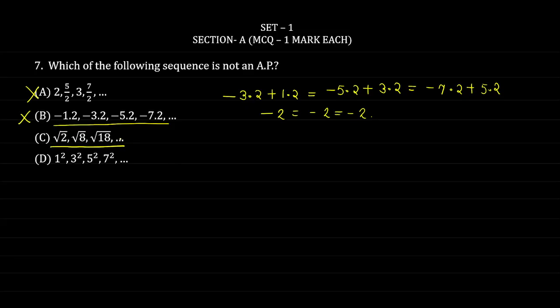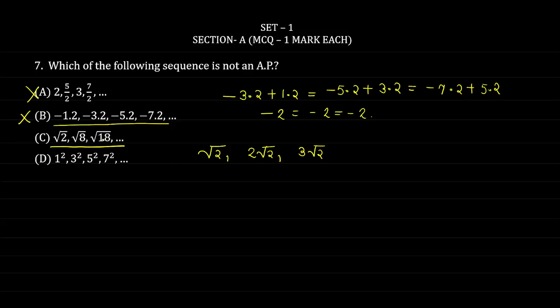Okay, so this is the most common mistake that students do. They do not check for the D option and they just say that this is not an AP. But look at this here. First term is root 2. Second term is root 8, which is nothing but 2 root 2. Okay, so simplified, it can be written as twice of root 2. Correct? This root 18 can be written as thrice of root 2, okay?